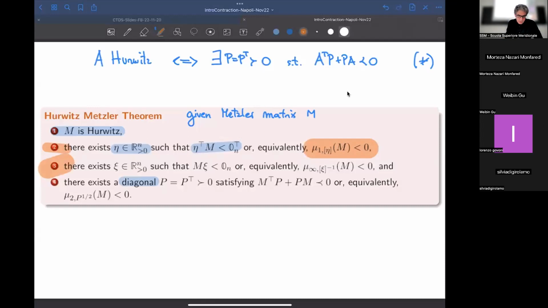The next statement is a statement about a weighted infinity norm, such that the log norm of the matrix is negative. And finally, the last property, number 4, about the diagonal Lyapunov matrix, is a statement about log 2 norms with appropriate weights.